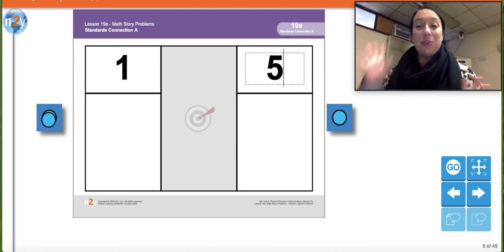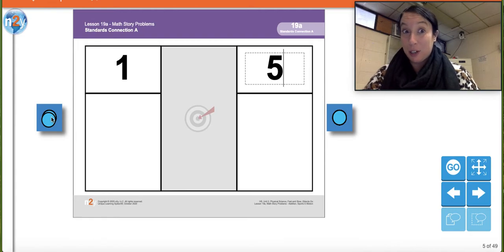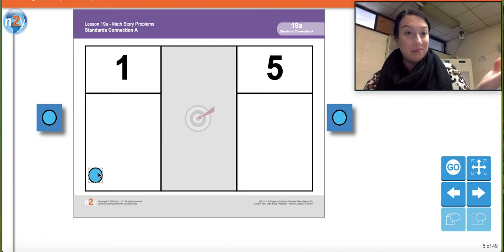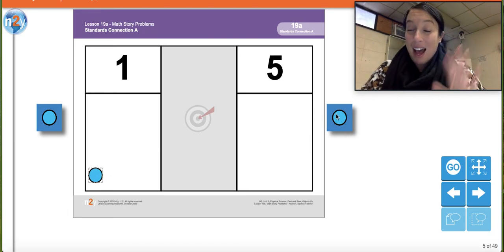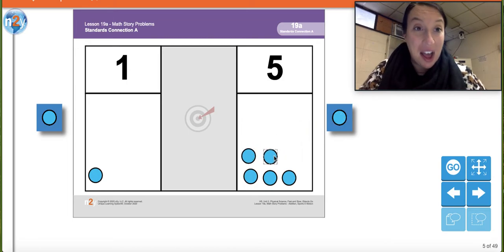Let's do the number 1 and the number 5. All right, let's put our markers. This is a little easy. 1. That's it. Only 1 in here. Number 1. 5. 1, 2, 3, 4, and 5.